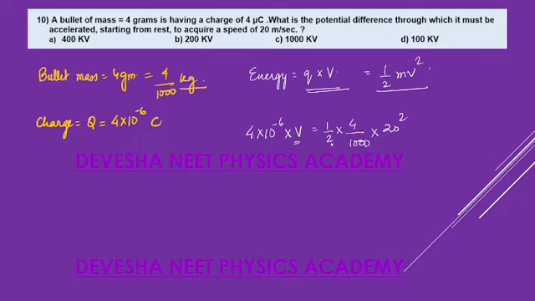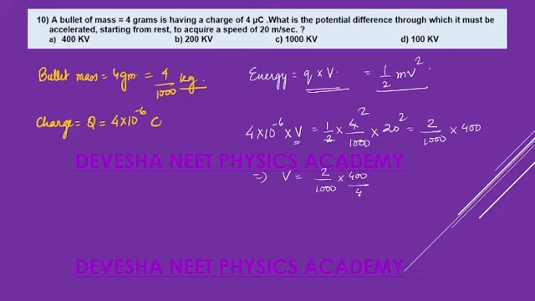So it means this is 2 by 1000 into 400, okay, means V is equal to 2 by 1000 into 400.